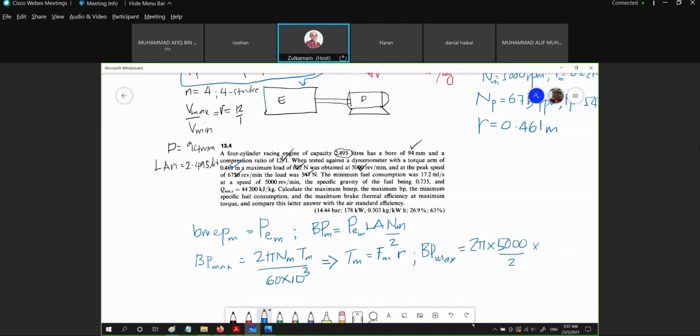Given here as 2.495 liter. Okay, liter convert to meter, what do we do?